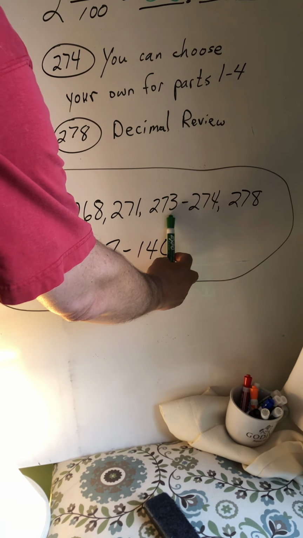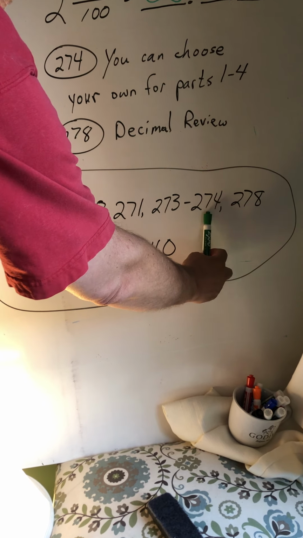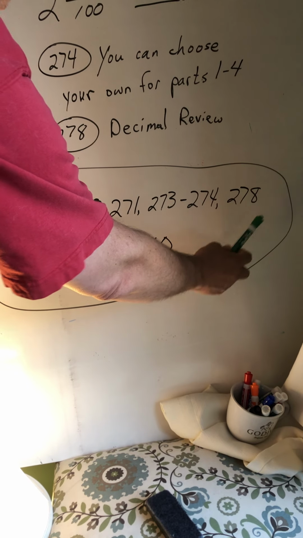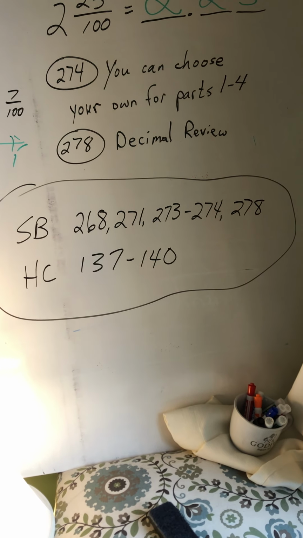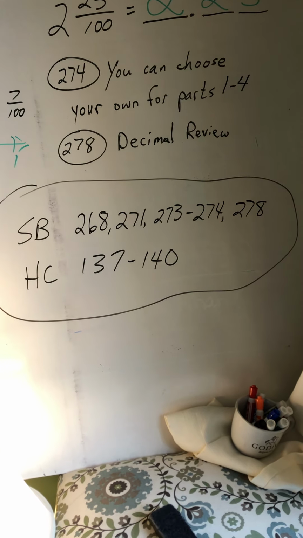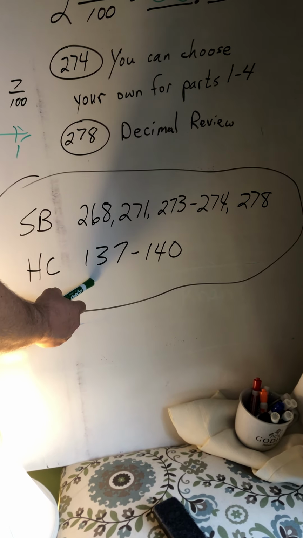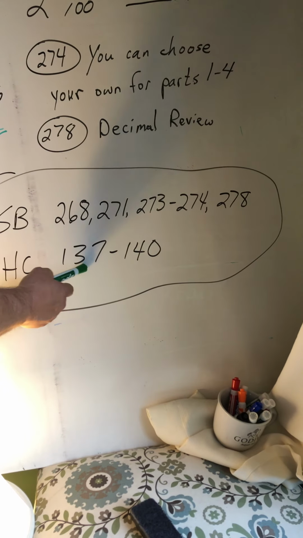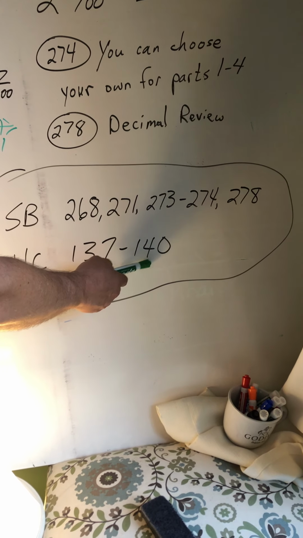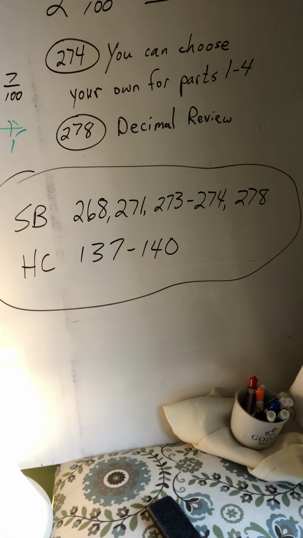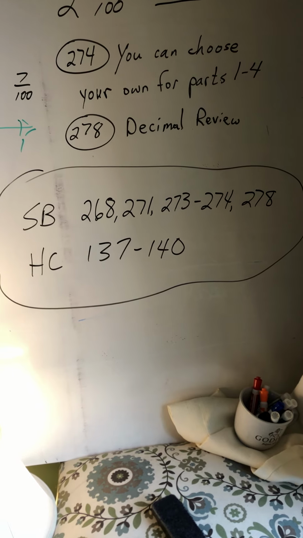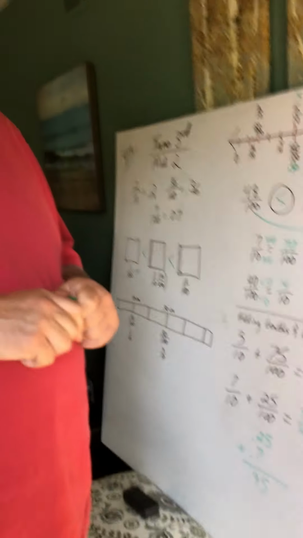And then you have 273 through 274, and then you jump to 278. So that's 5 pages of student book, okay? Then you got 4 pages of HC. You got 137, 138, 139, 140, okay? So for the whole module 2, you have 9 pages of work to do, okay?